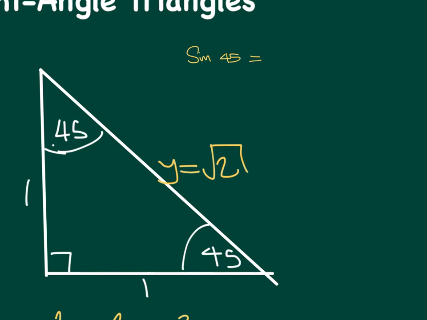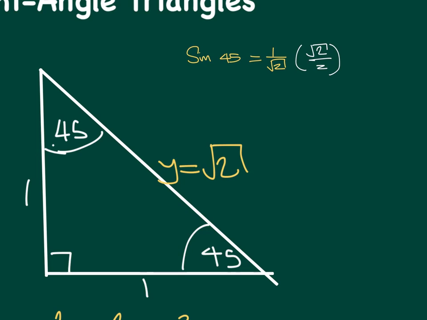Whichever one you pick, sine is opposite over hypotenuse. So that's going to be 1 over square root of 2. And then if you rationalize it, to get rid of the square root at the bottom, you're going to have root 2 over 2.